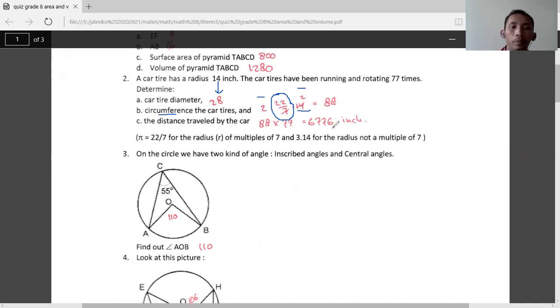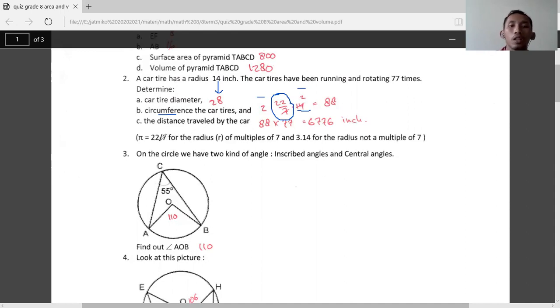There is 3.14 and there is 22/7. The value is almost the same, but there is a different function for each. When the number is a decimal or not a multiple of 7, we can use 3.14.